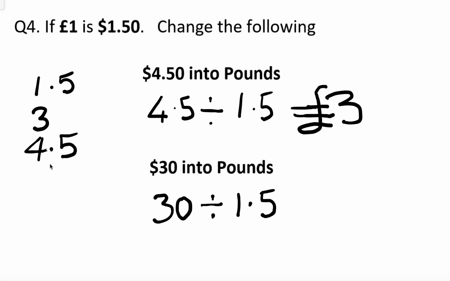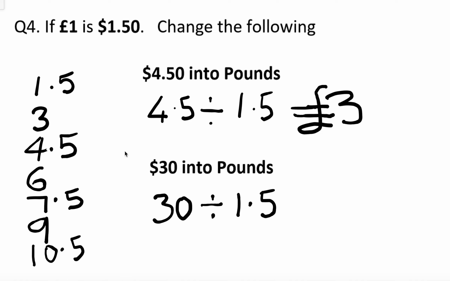So the next one will be 6, 7.5, 9, and then the next one would be 10.5. You could keep going, and the next one would be 12, 13.5, and the next one would be 15.